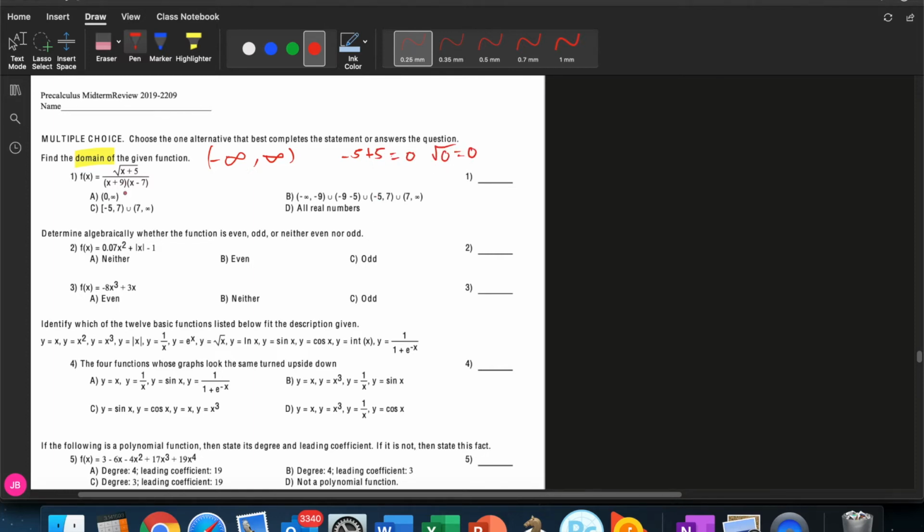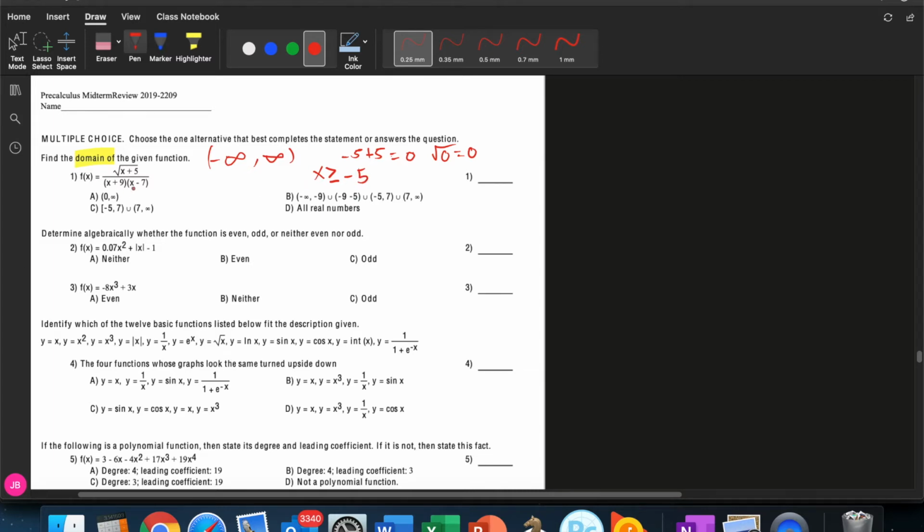So that's okay. I can have negative 5 in there, but I can't have something like negative 6. Negative 6 plus 5 is negative 1, and that would make that imaginary, so we can't have that. In other words, we can say that x has to be greater than or equal to negative 5. And so that's going to be the first requirement for my domain.